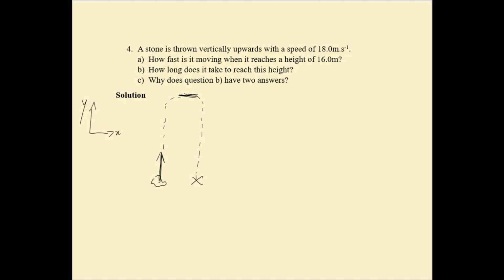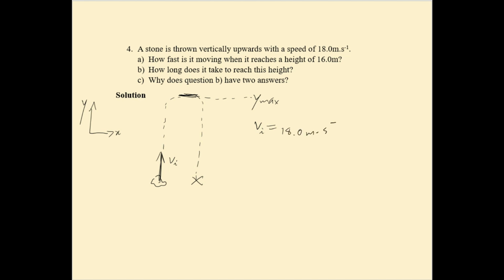So this height here, we can call it y max, and we know at y max the velocity is 0, and the initial velocity we are given. It's going upward, so it's positive, 18 meters per second.